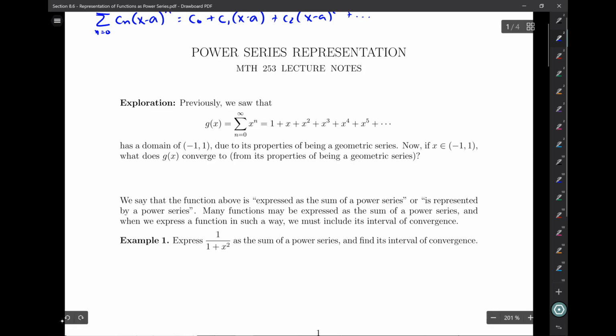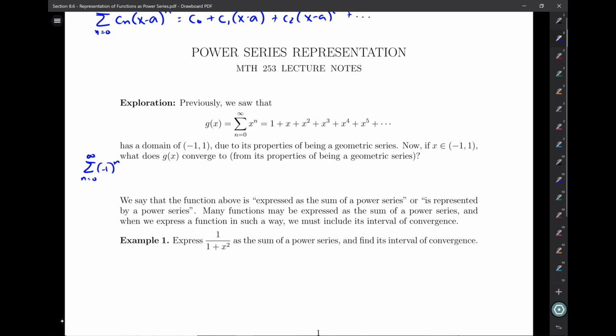And so we saw that this power series has a domain of -1 to 1 because we checked the endpoints as well, and we can see that the series of -1 to the n would diverge. It would just alternate between 1 minus 1 plus 1 minus 1 plus 1 minus 1.